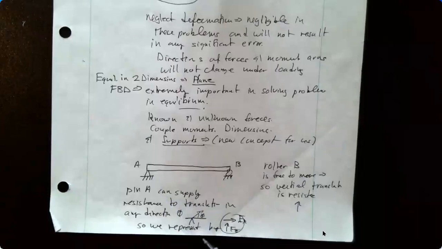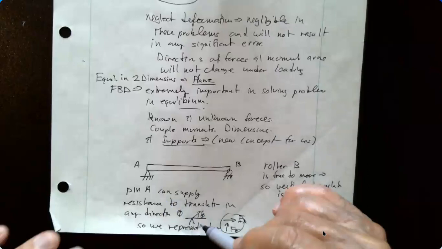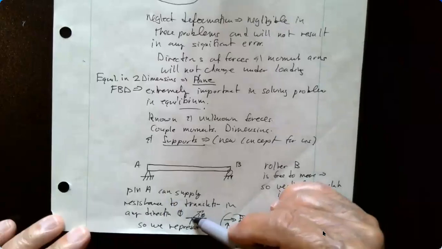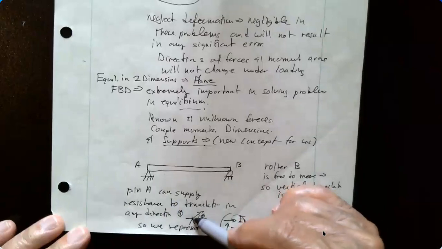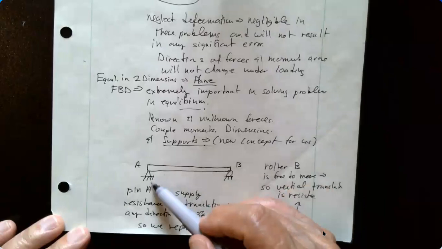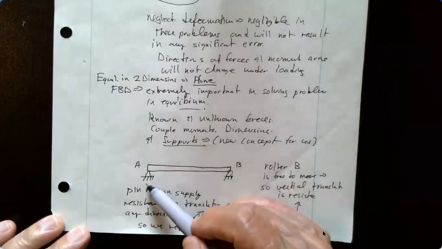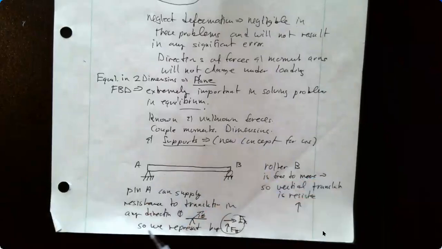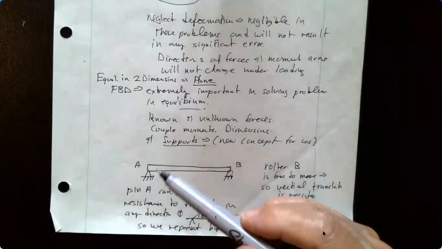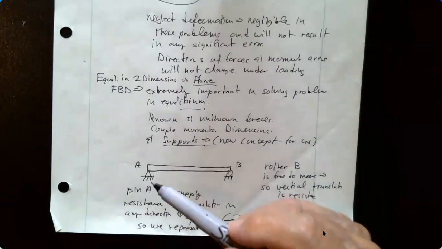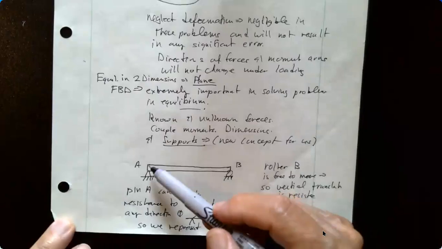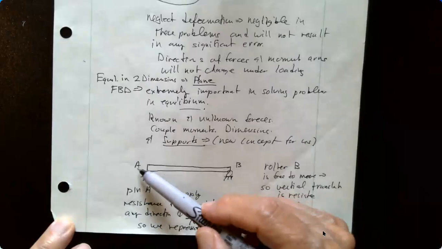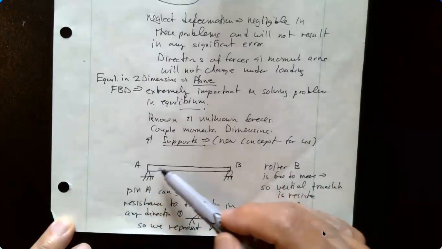So in general, what you might look at is some reaction in any direction. Okay, so there could be a reaction this way, depending upon the loading that we have. But we're not interested in that single reaction. In terms of solving the problem, we need the reactions in the X and Y direction. And so a pin A is going to provide a force reaction in the X direction, so it's going to resist translation in the X direction.